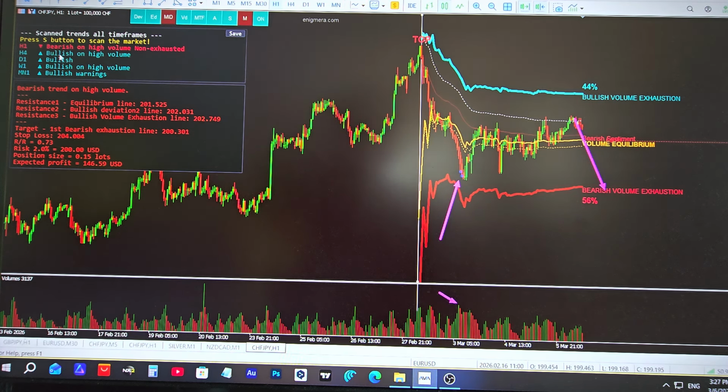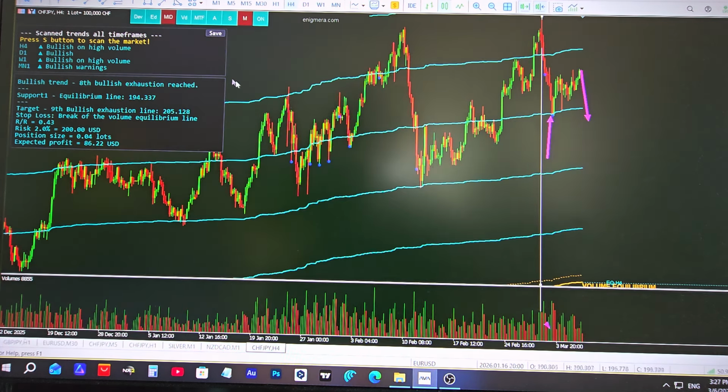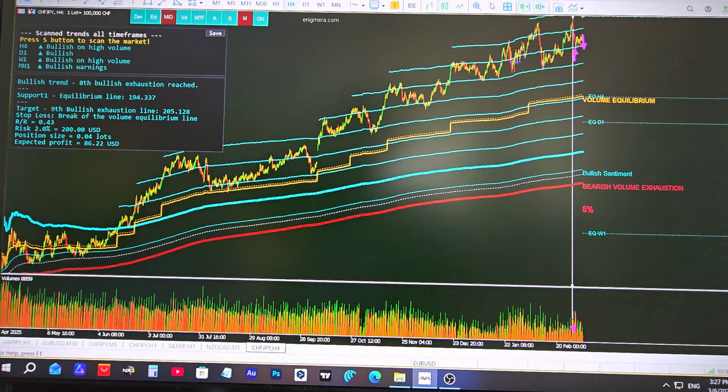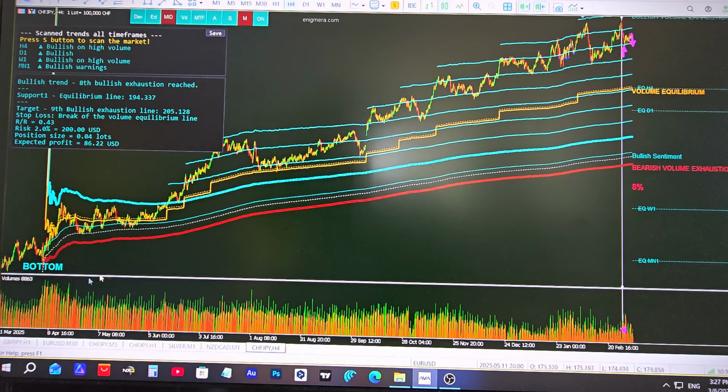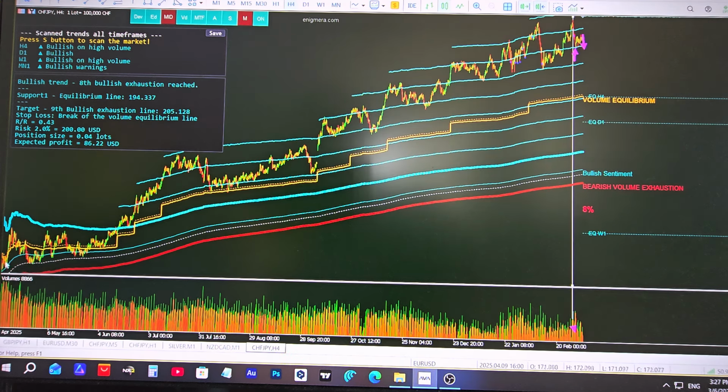I will show you, for example, the next time frame. This is the 4 hours time frame, and I will explain what I see. The trend commenced from one point here and already broke several exhaustion lines.